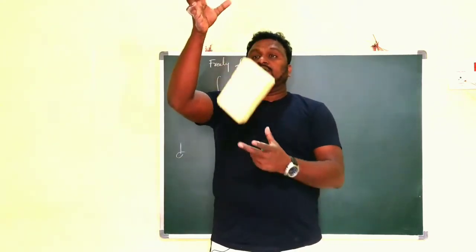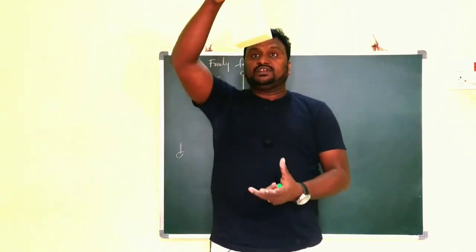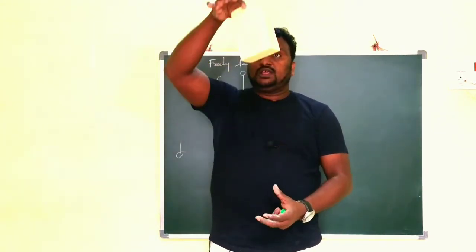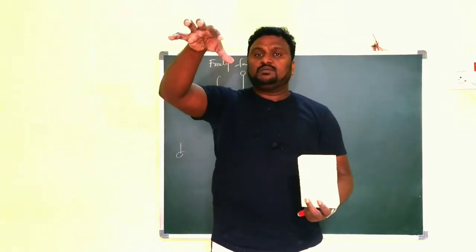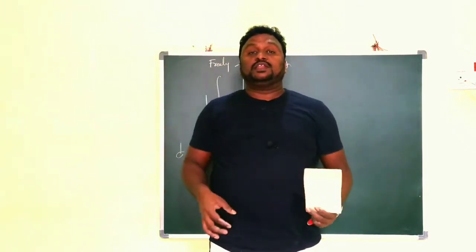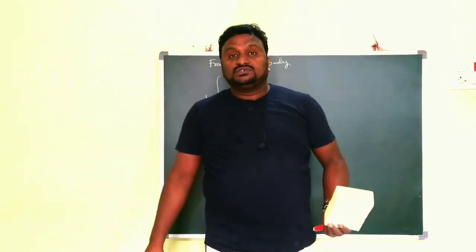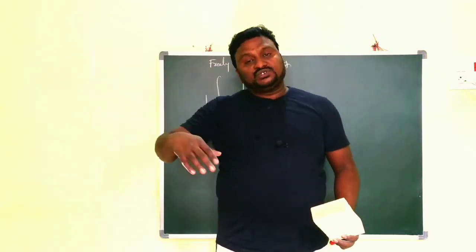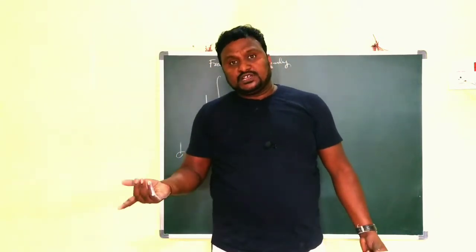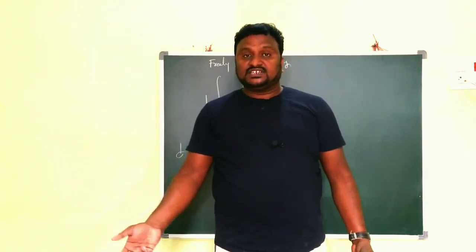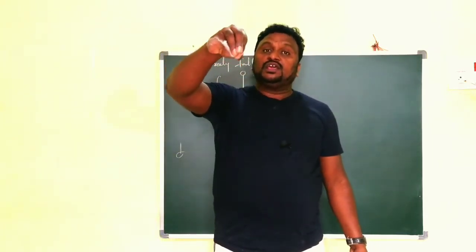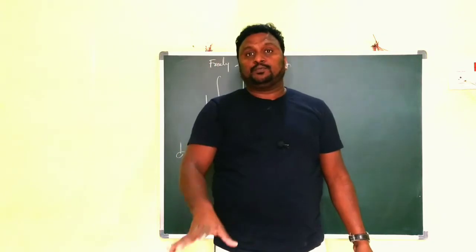Simply we are dropping. Simply I am leaving my fingers, I am not applying any force. So when there is no force, no displacement. When there is no displacement, no velocity. That's why for a freely falling body, initial velocity is 0.